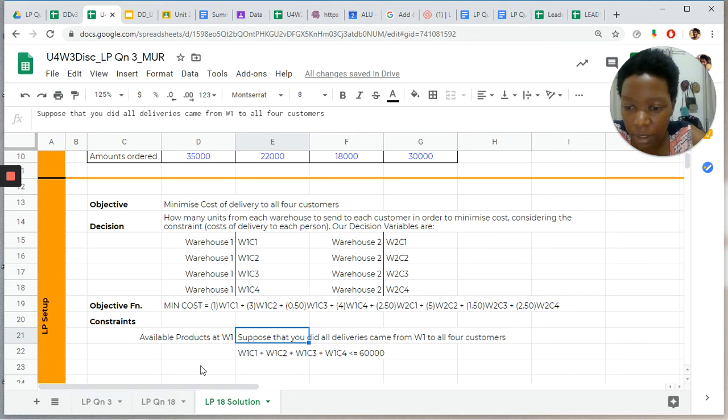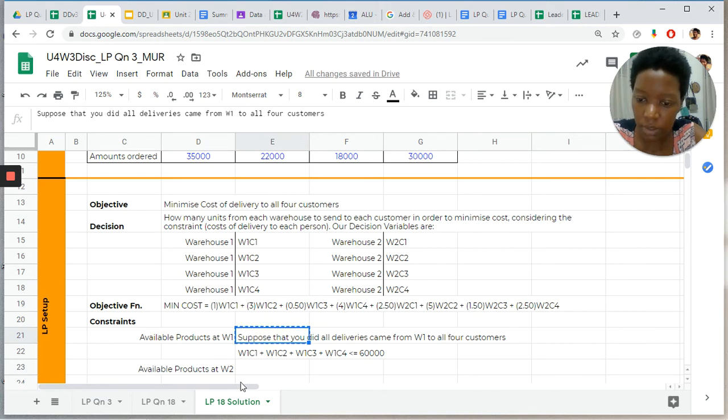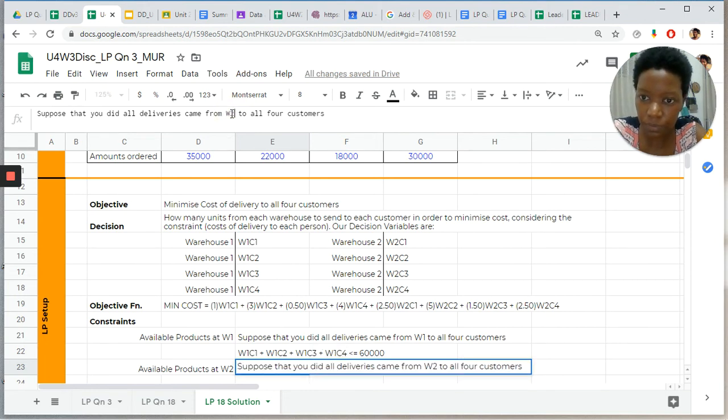It could also happen that all of my deliveries come from warehouse 2. So I've got to account for the available products at warehouse 2. And this is also exactly the same as above, supposing that all of these deliveries came from warehouse 2 to all 4 customers.